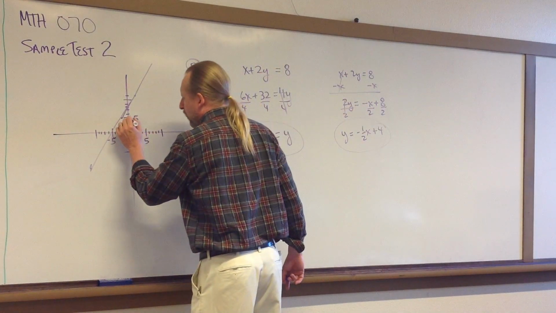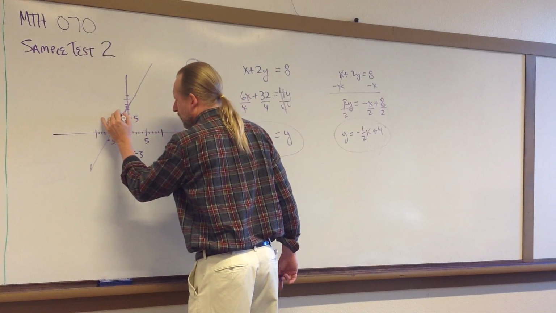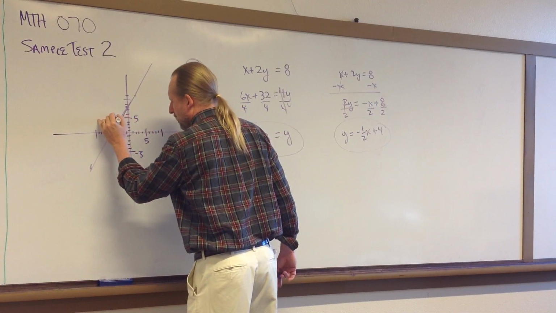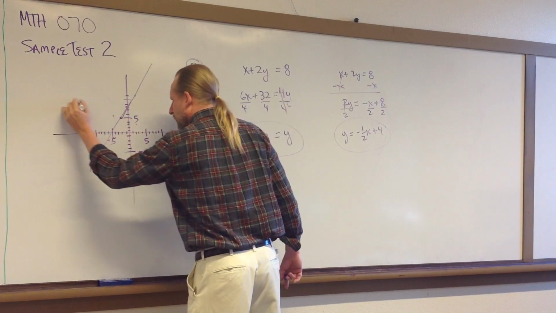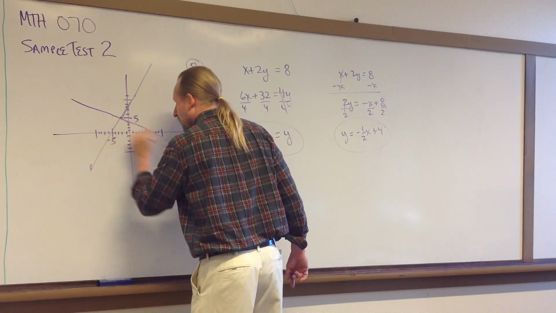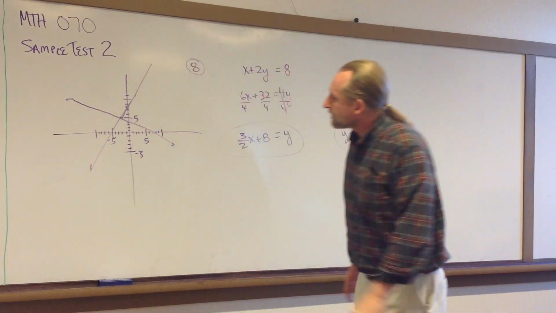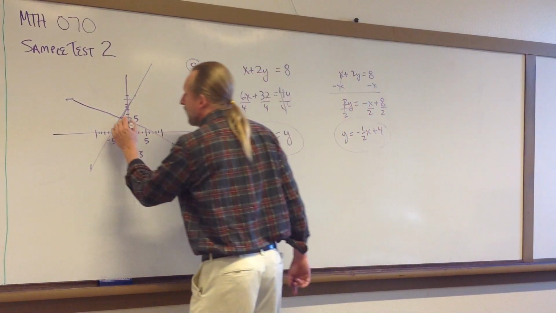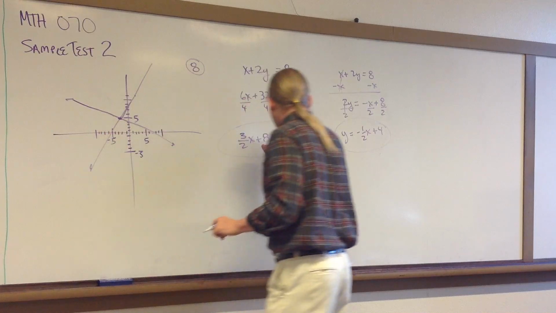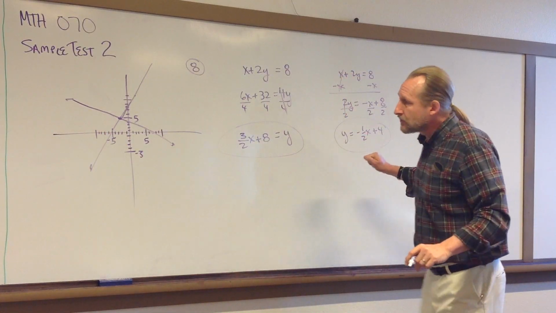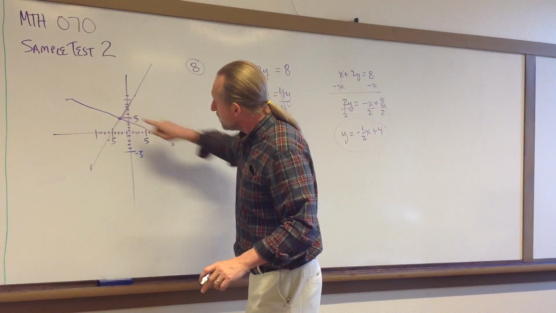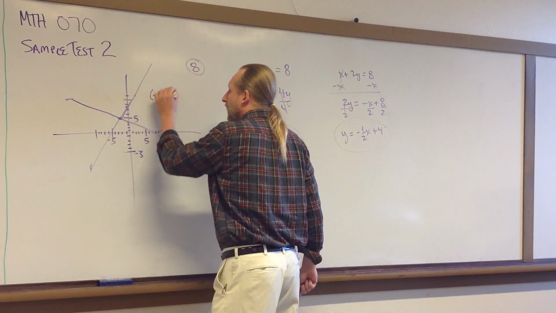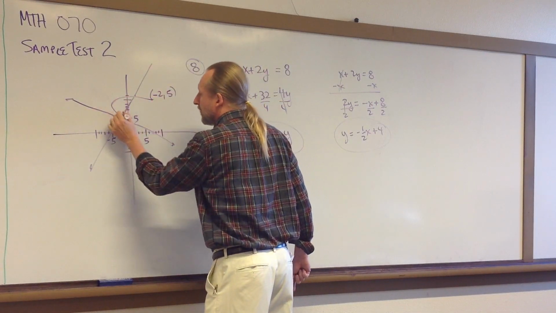And if I go up 1, I have to go back 2, up 1 and back 2. Or I can go down 1 and over 2. That line is going to go like that. And so here's the point that satisfies both of these equations. And like I said, it's kind of hard to see on this graph, but this is where x is negative 2, y is positive 5.